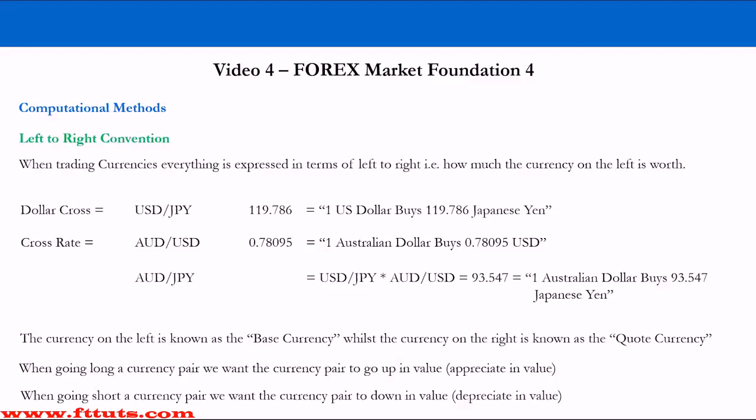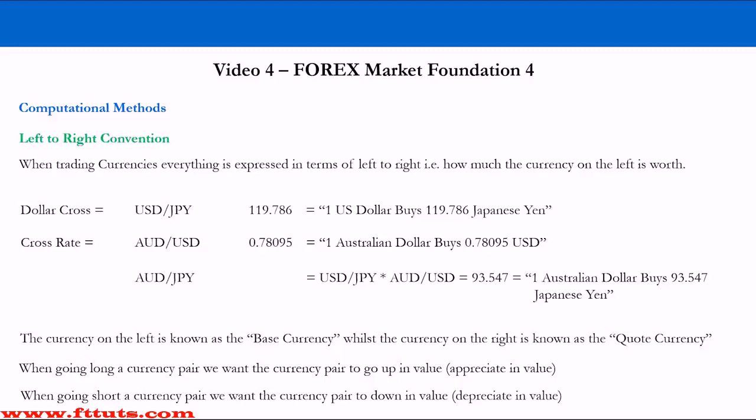And if we want to work out a cross rate from dollar crosses, we can take, for example, the Aussie dollar US dollar, which is currently trading at spot 0.78095, which basically says $1 Australian buys 0.78095 US dollars. We can take this and the US dollar Japanese yen rate, and work out what the Aussie dollar Japanese yen cross rate is from these two numbers.